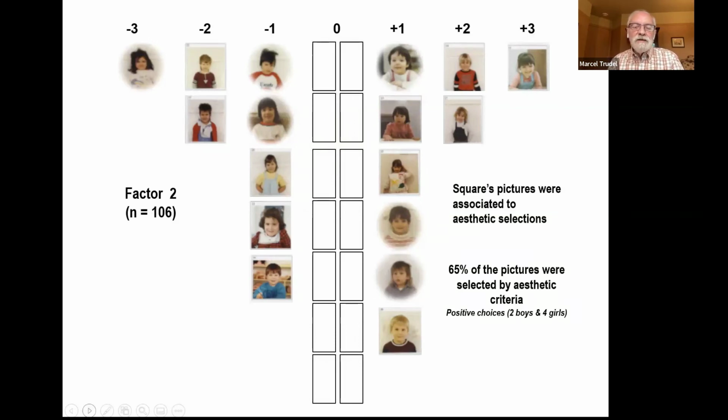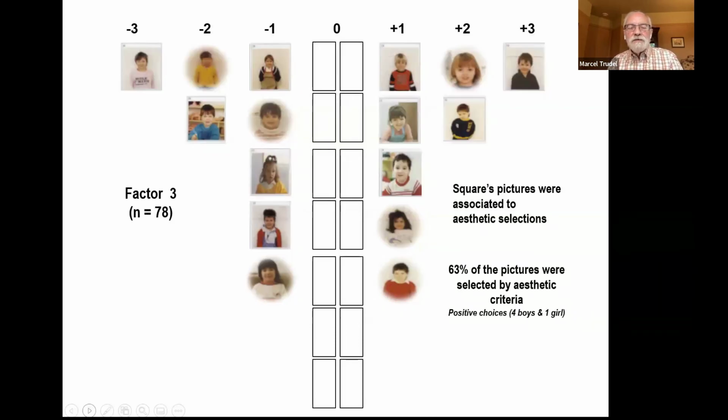And it's the same for the next one, 63. But you see the children I put in a square photo are those associated with aesthetic selection. I was playing when I looked at that. Next.